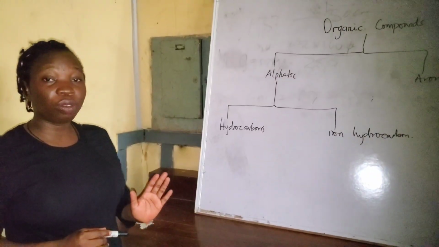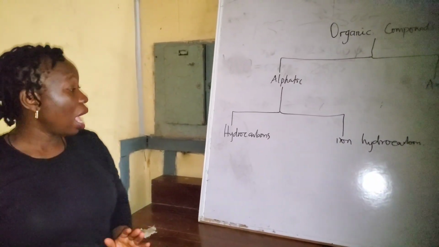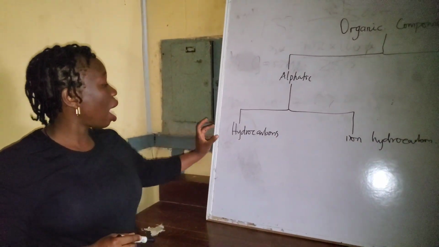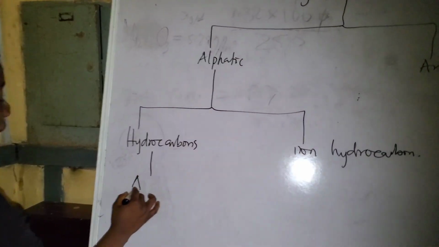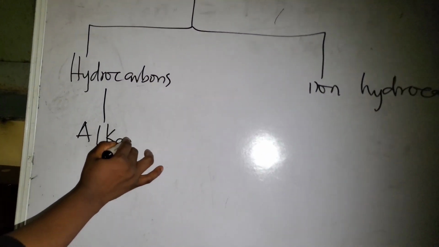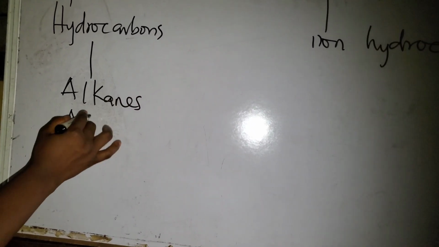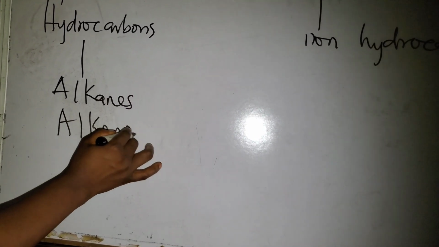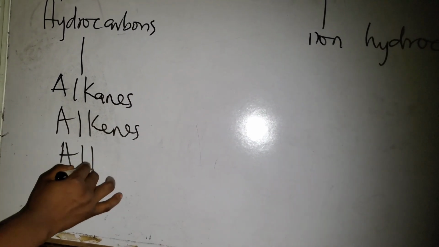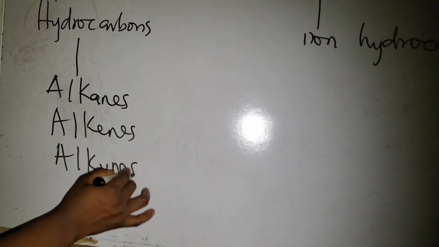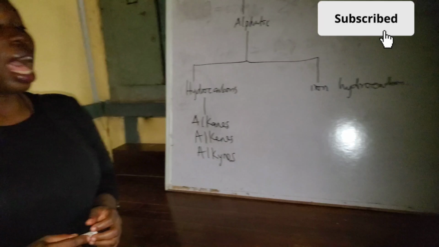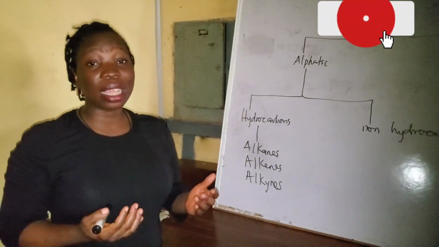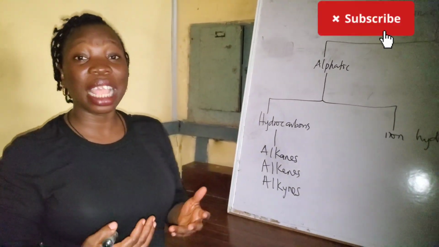And these hydrocarbons are classified into alkanes, alkenes, and alkynes. While the non-hydrocarbons are chemistry of hydrogen, carbon, and any other element.